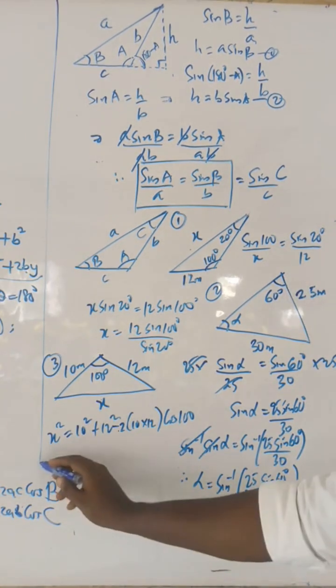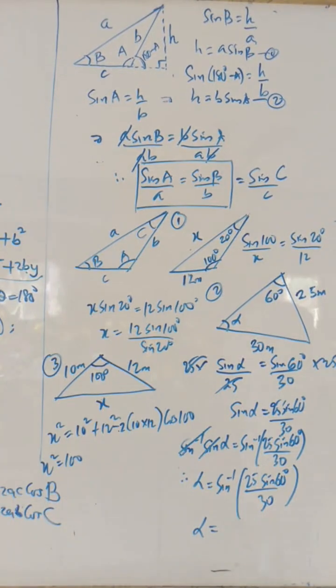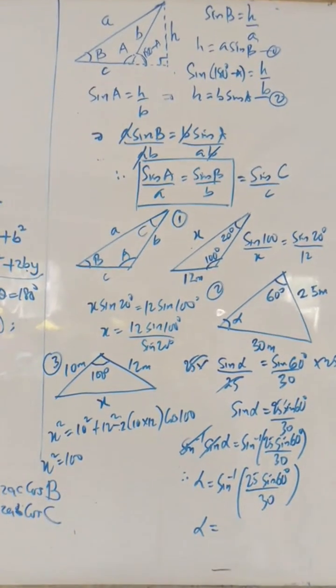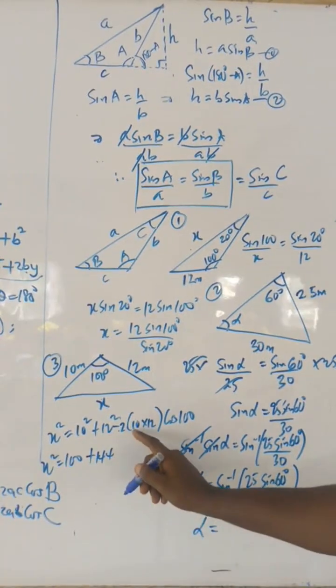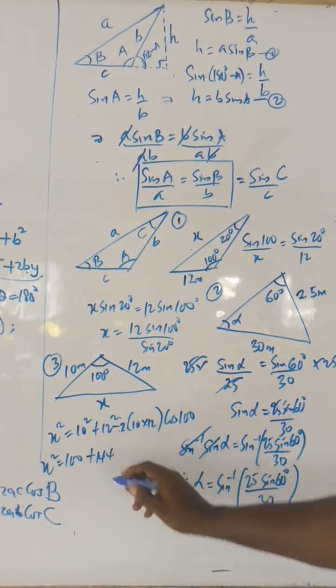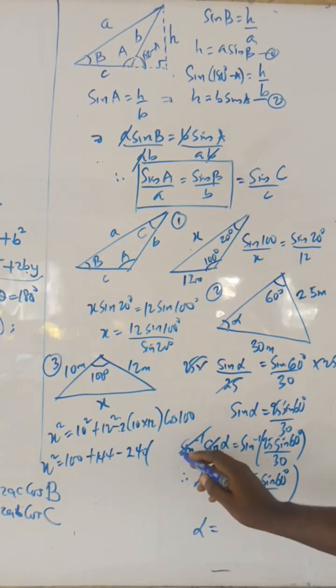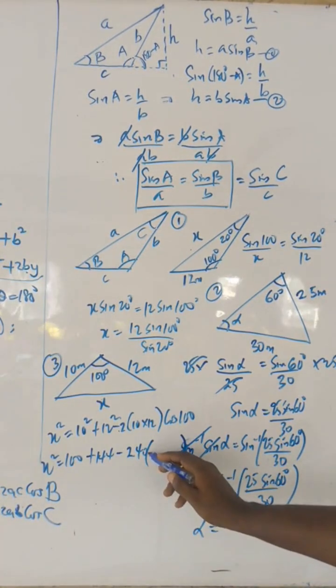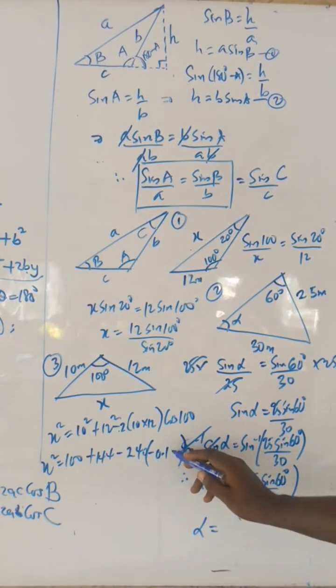So from here, our x squared becomes 100 plus 144. 12 squared is 144. So 10 times 12 is 120, times minus 2, is minus 240. Then cos 100 should give you minus something, minus 0.1736 to 4 decimal places.